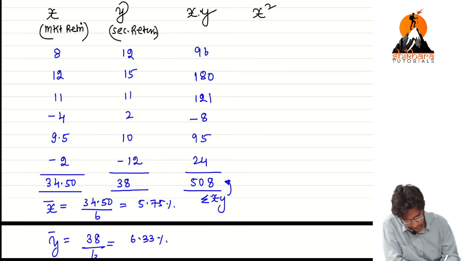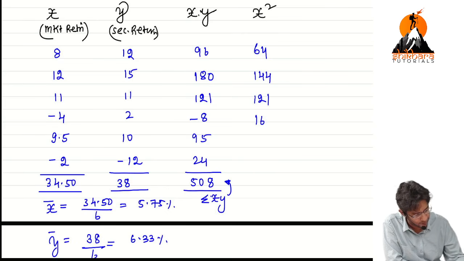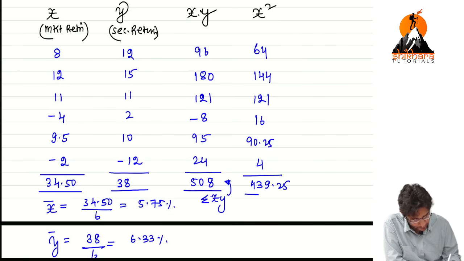X square: 8 square is 64, 12 square is 144, 121, 16, then 90.25, since 9.5 squared is 90.25, and 2 square is 4. Adding all of these gives 439.25, the summation of x square.